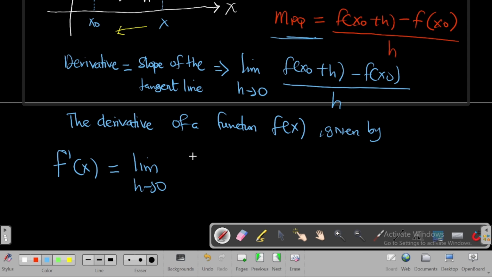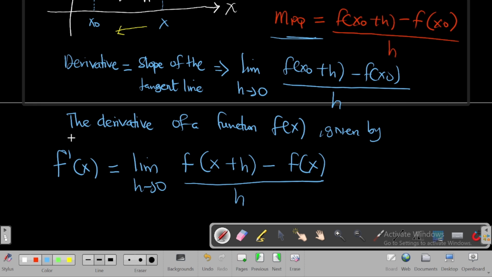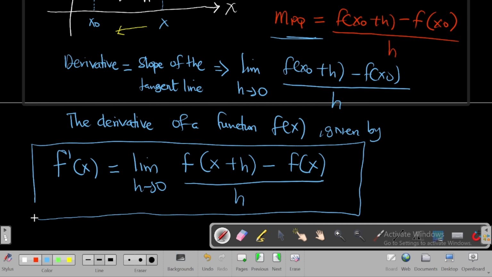Since we are finding the derivative of the function at a point x, x naught becomes x, so we have f of x plus h minus f of x, all over h. So this becomes our formula for finding the derivative of a function f of x, right?